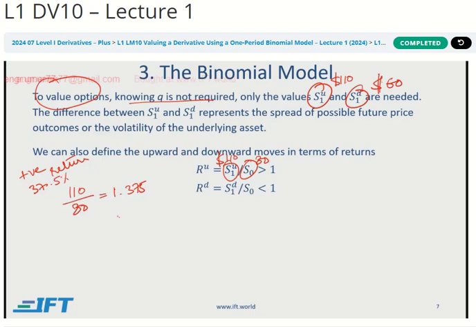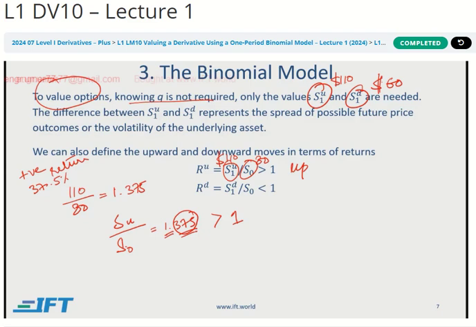So when you divide S up by S naught, you get 1.375, and since this is greater than 1, you have an up move with a positive return. You're getting more than what you started with. You have 1, which is what you started with, and then 37.5% more.